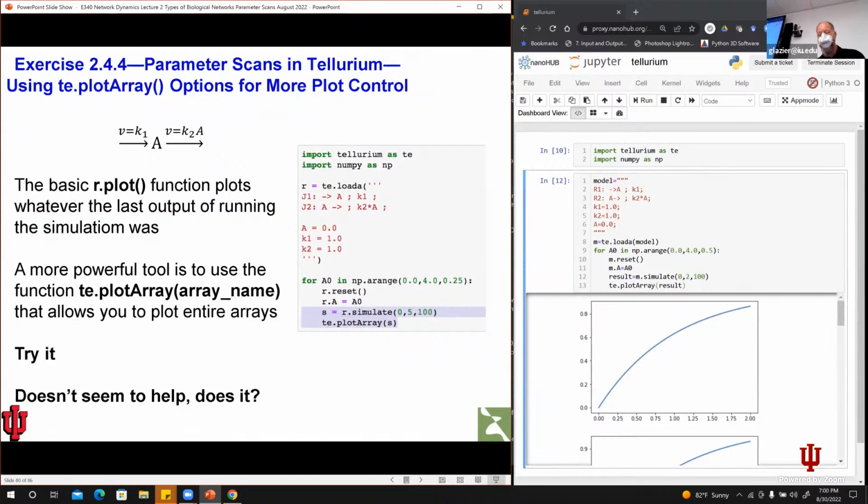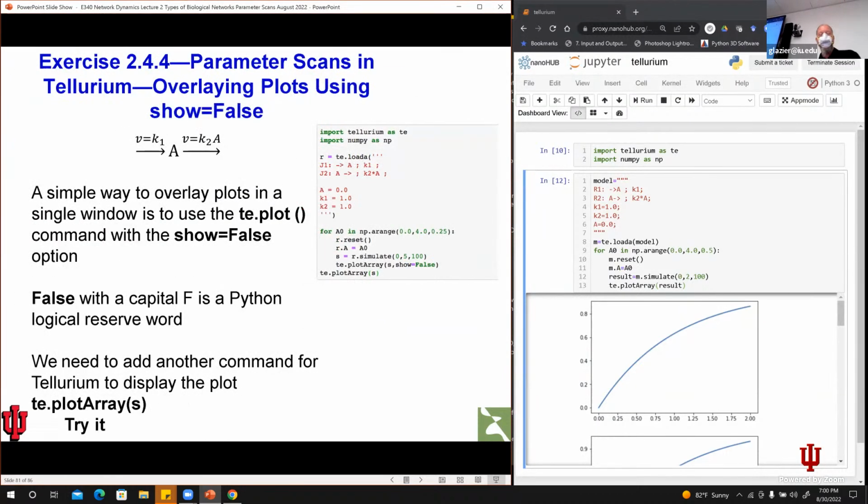So, oops. So there's an option in the plot called show. Show equals false tells it to not create a new plot. So now add to your plot show equals false.